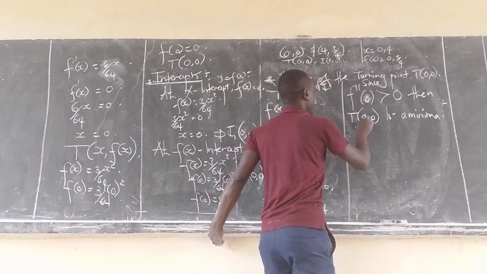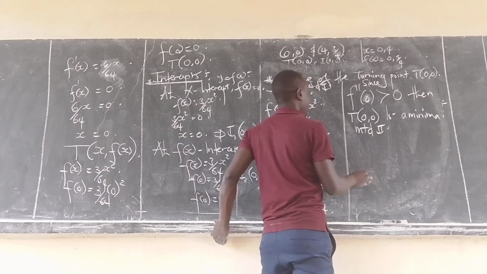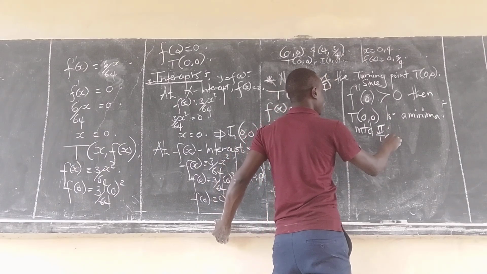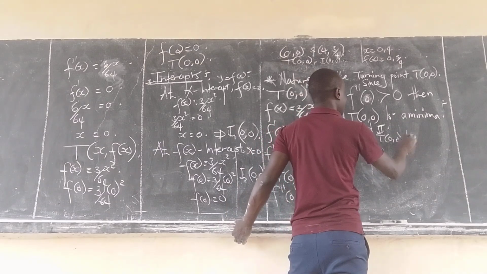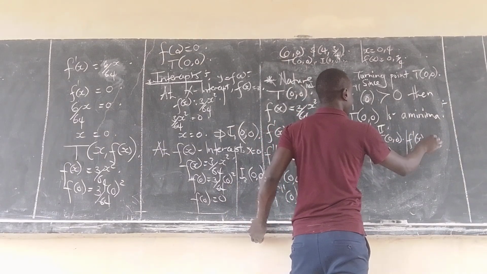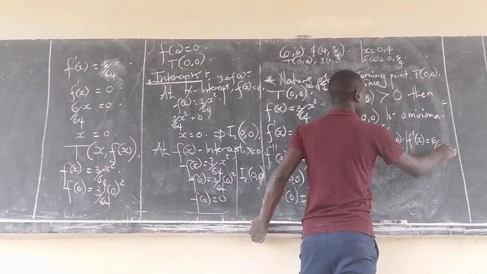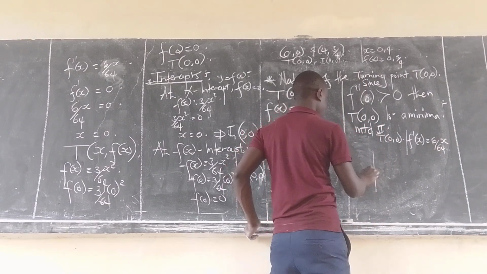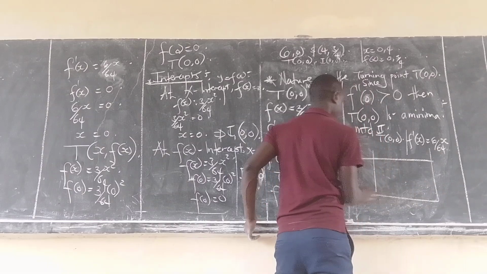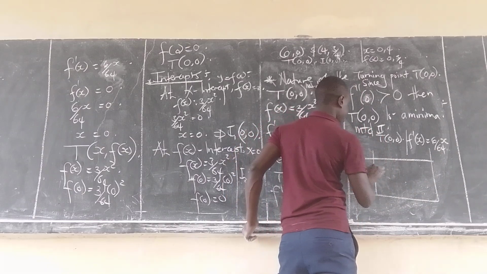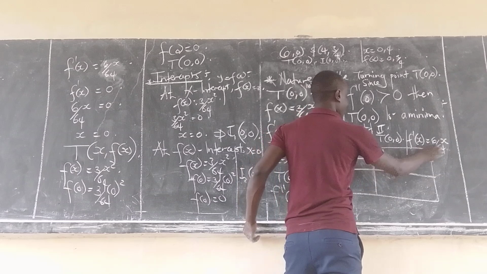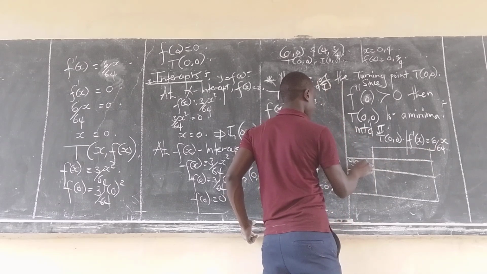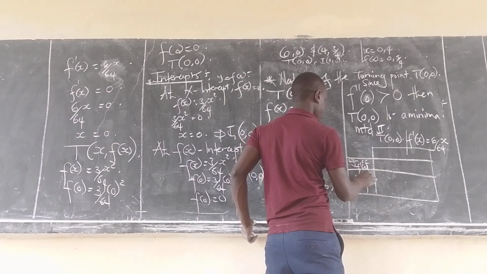You can also employ method 2. In method 2, we say you must have the turning point, which is 0, 0, and the first derivative f prime of x, which is 6/6, therefore x. So if that is that, you can have the sign of f prime of x, then the slope.